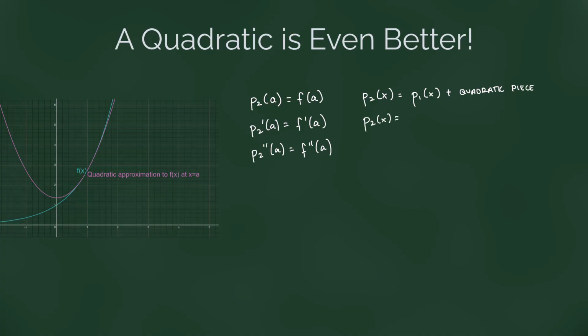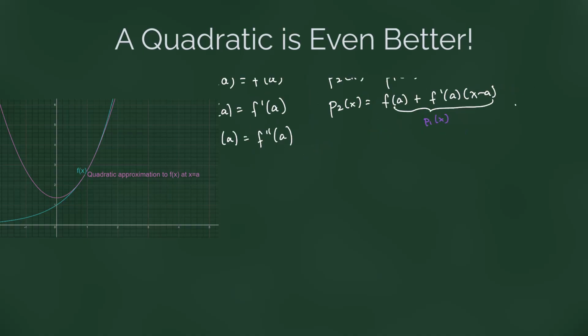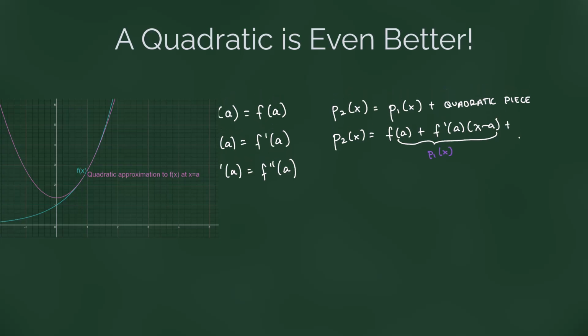In other words, P2 of x is going to equal f of a plus f prime of a times x minus a, that is all P1, plus some constant, we don't know yet, times x minus a squared. And that will be our quadratic piece. Our job now is to find k2 to make our conditions true.